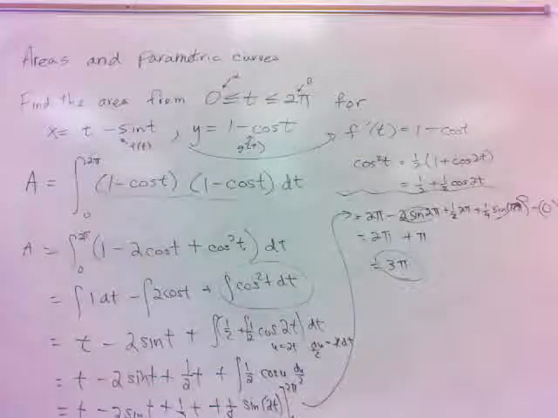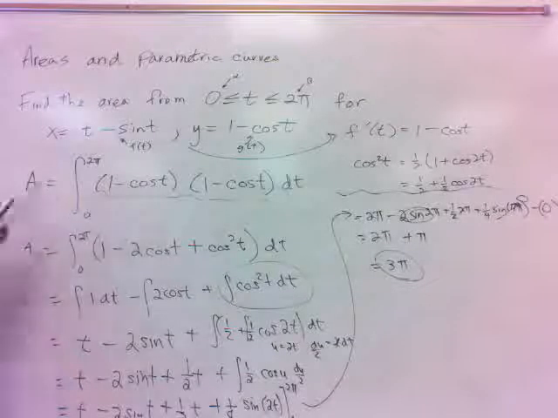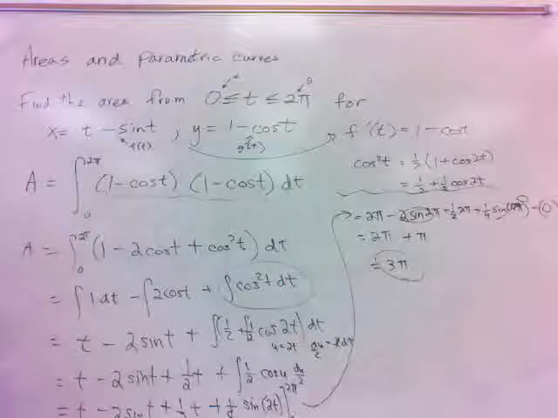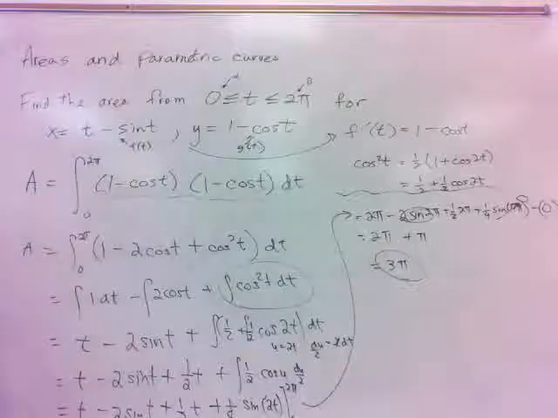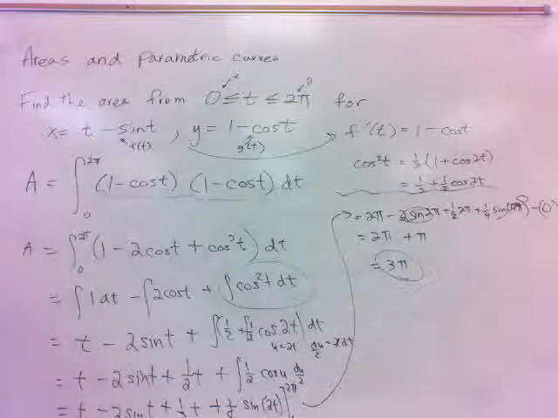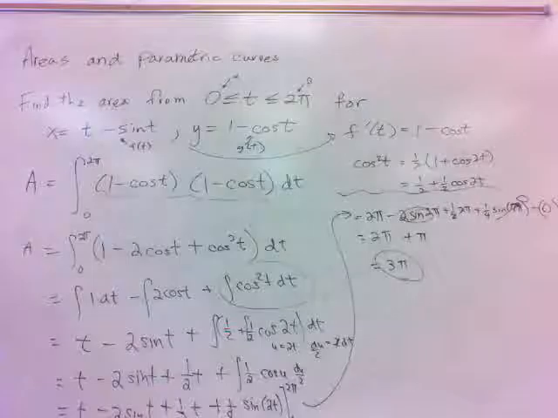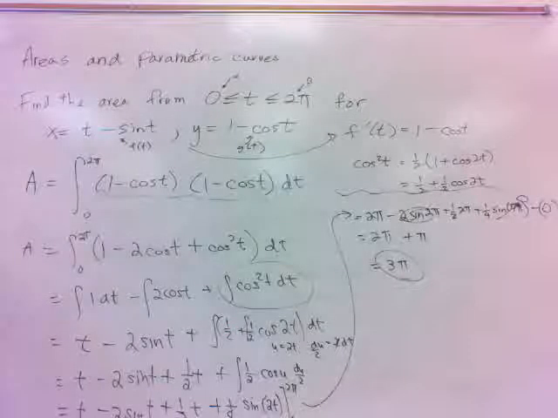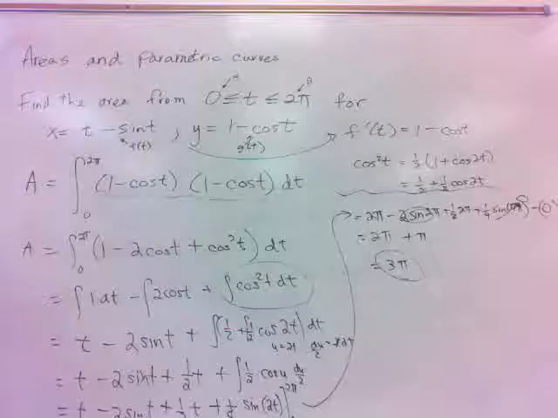What that does give us is the area from 0. That is the area, we call it under the curve, but it's the area swept out by this particular curve. And so let me see what this looks like here. t minus sine t and 1 minus cosine t.